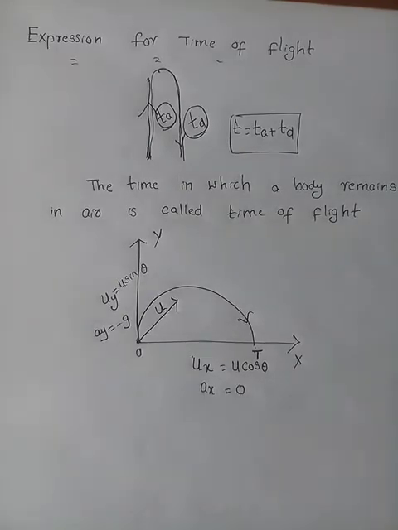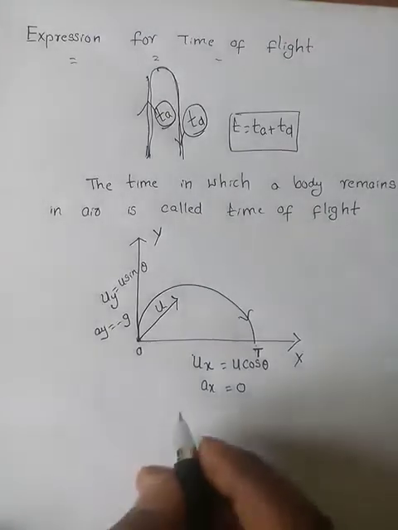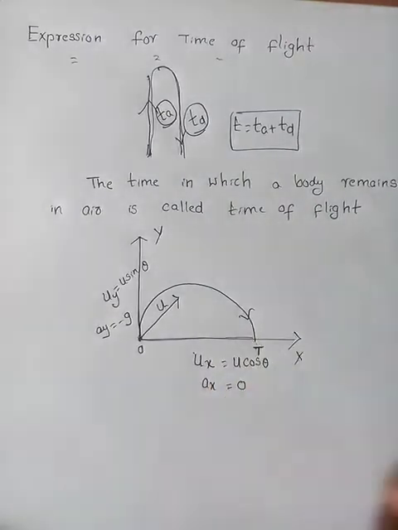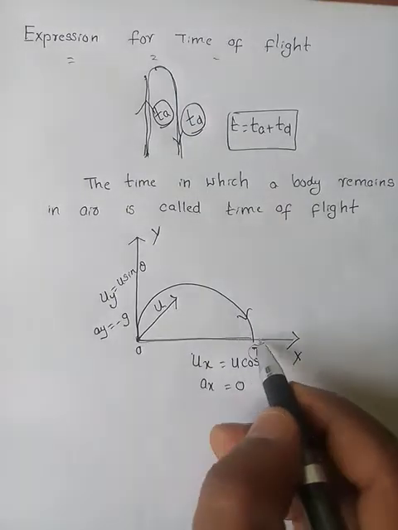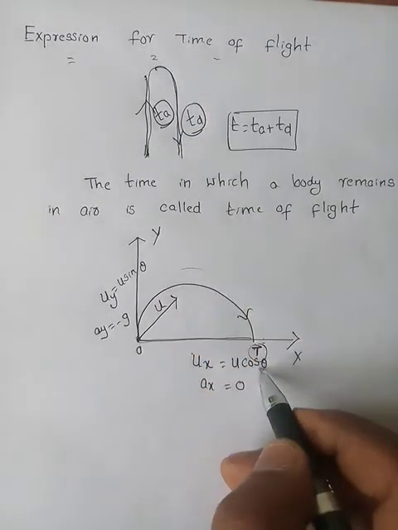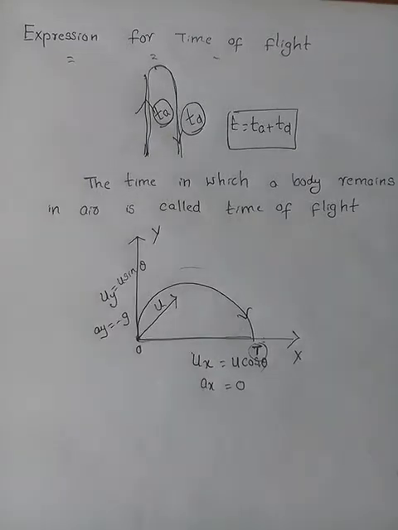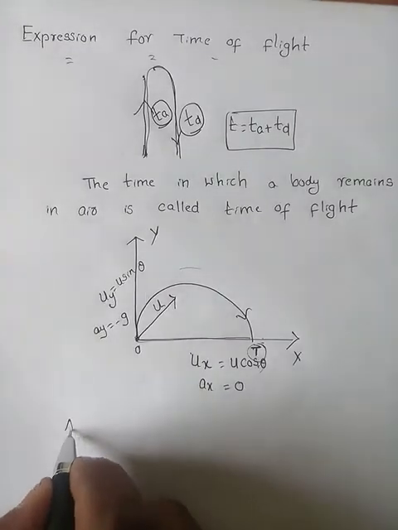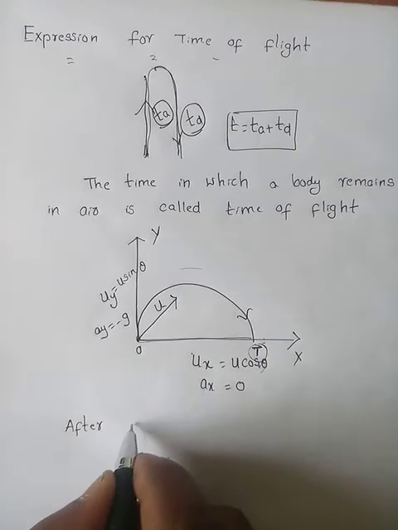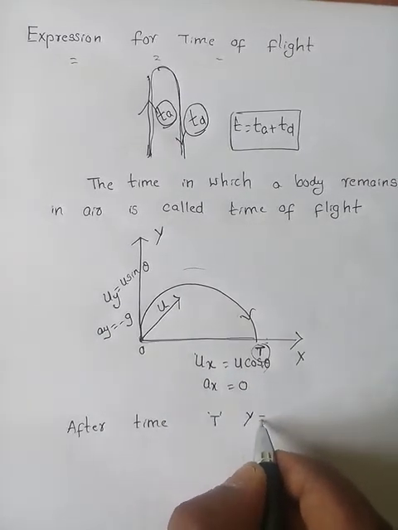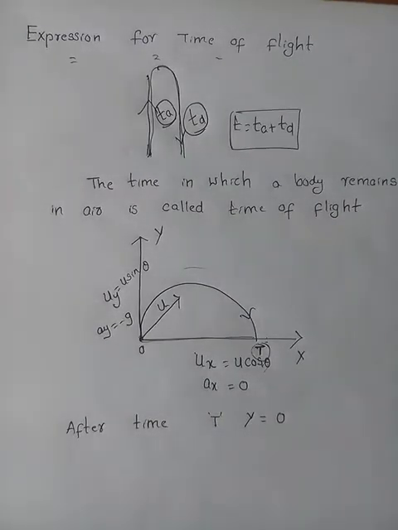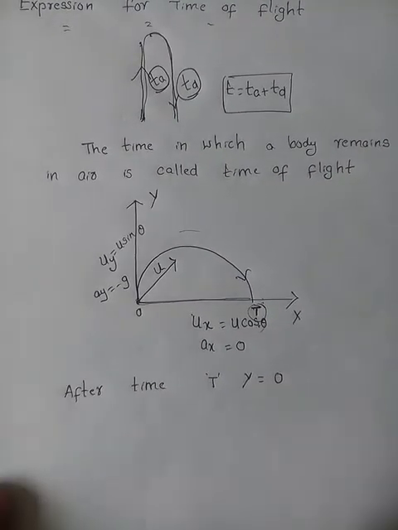So at time t, what is the vertical displacement? After time t it reaches the ground, so the vertical displacement becomes 0 because it is not in air, it comes to the surface.